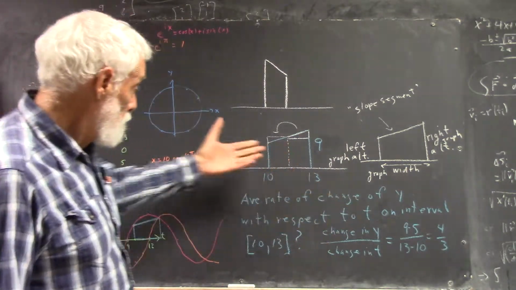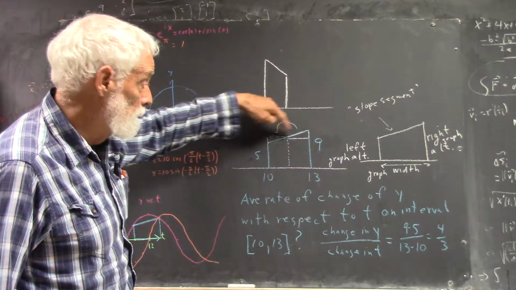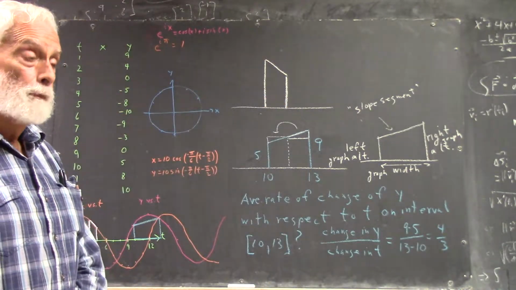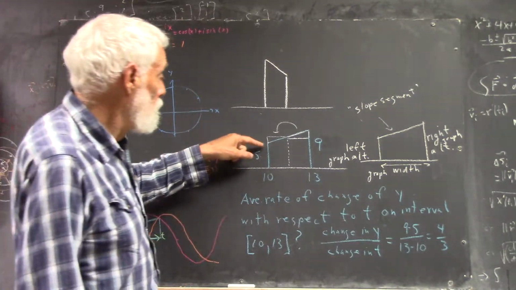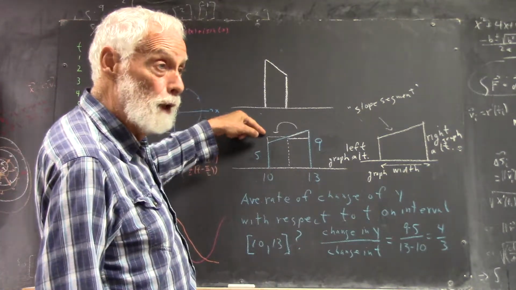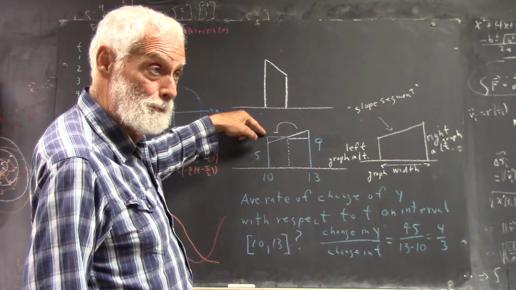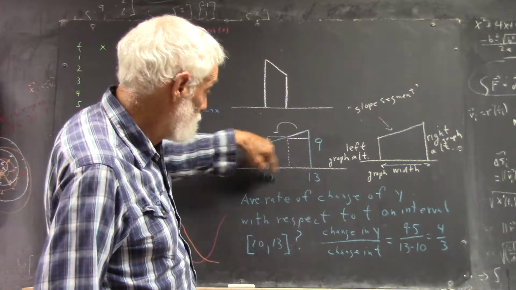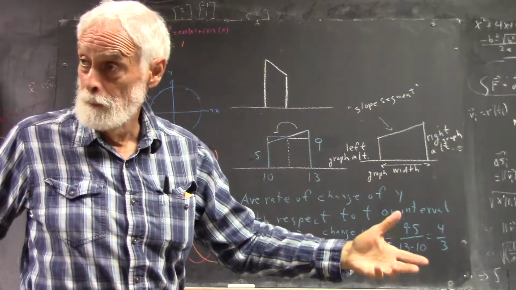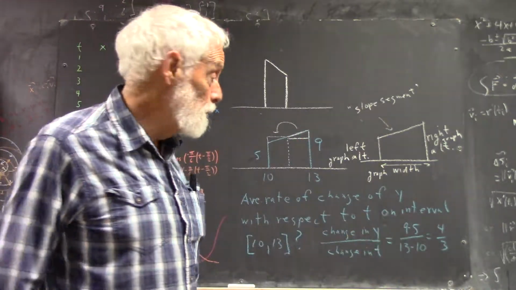Well, let's just go to the numbers. What's the slope of this segment from here to here? 4/3. It's rise divided by run, okay? And that's exactly right. To go from 5 up to 9, you've got to go up 4, right? And your run is from here to here. Well, that's the same as from 10 to 13. That's 4. So guess what?